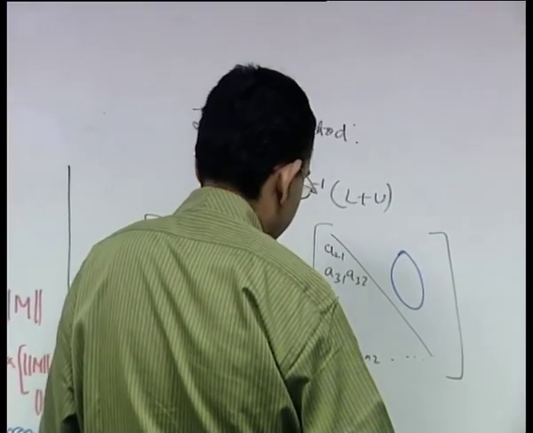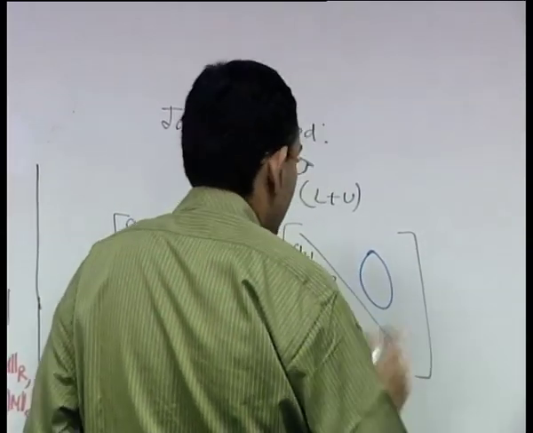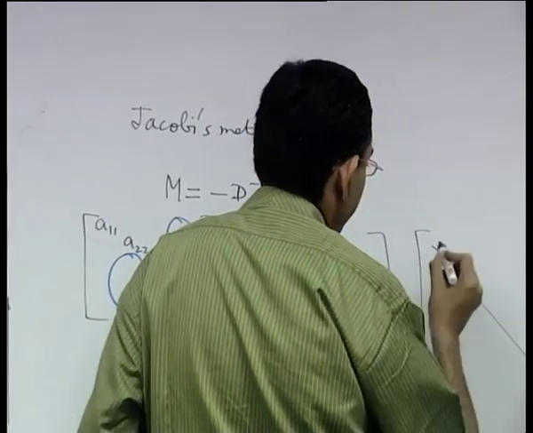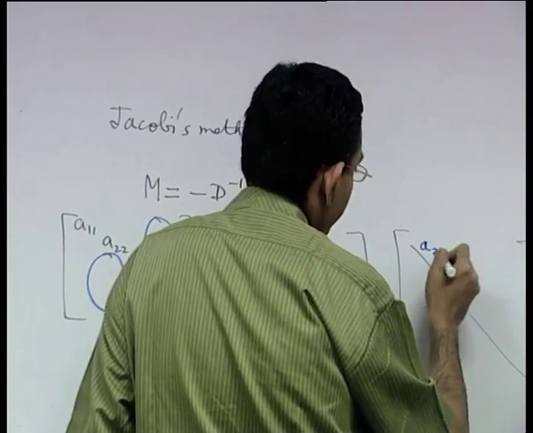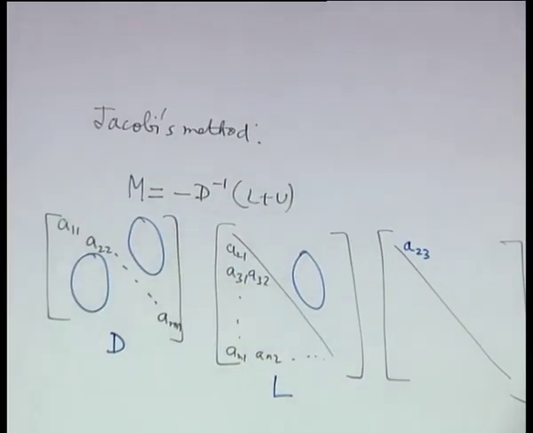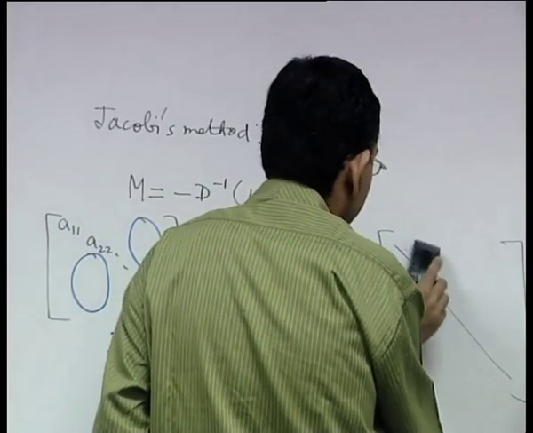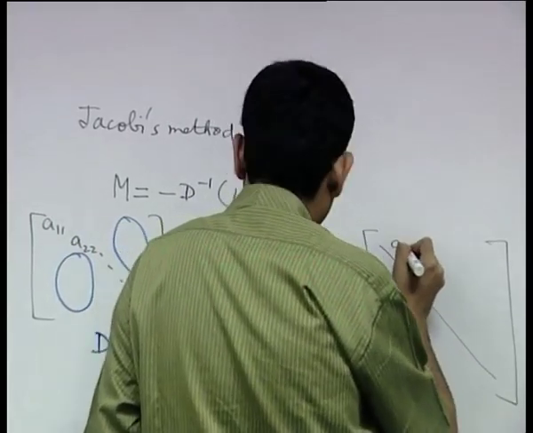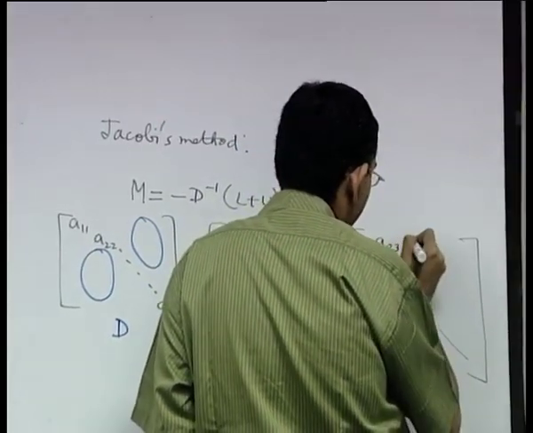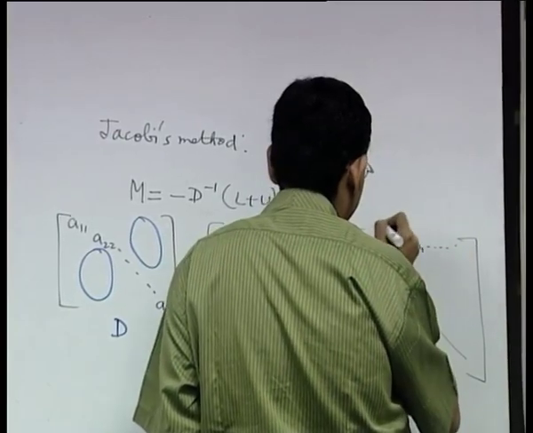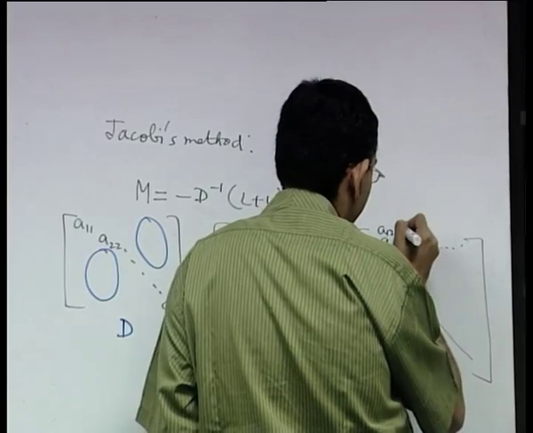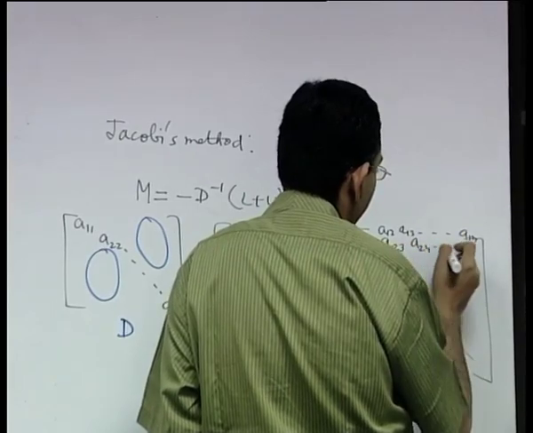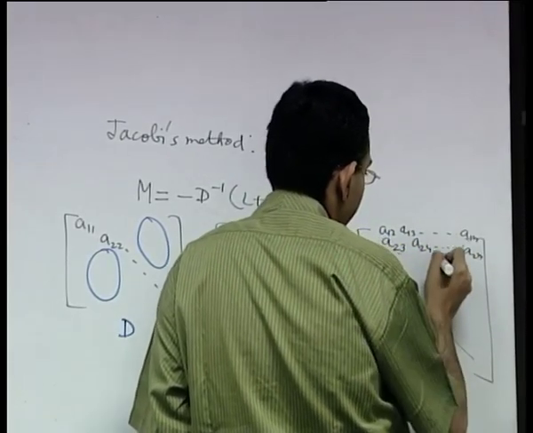This is L, and U is A12, A13 in this way, A1n, then A23, A24 in this way, A2n and so on.